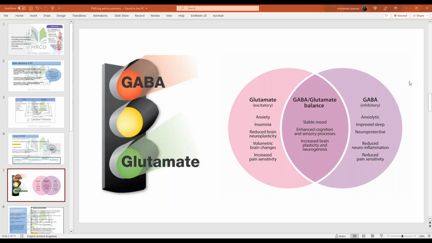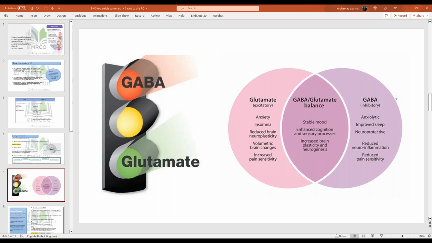If the imbalance happens between the two of them, what can happen? If glutamate, which is the excitatory one, increases, there will be anxiety, insomnia, reduced brain neuroplasticity, and also increased pain sensitivity. If GABA, which is the inhibitory one, increases, that is anxiolytic, it improves sleep, it is neuroprotective, and it reduces neuroinflammation and pain sensitivity.